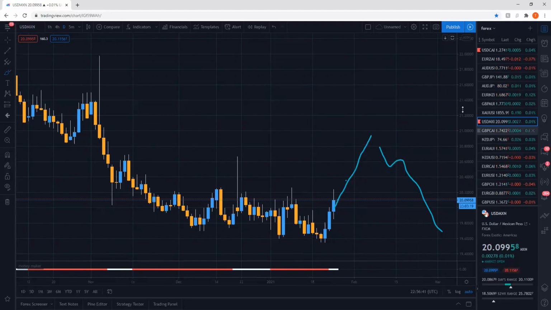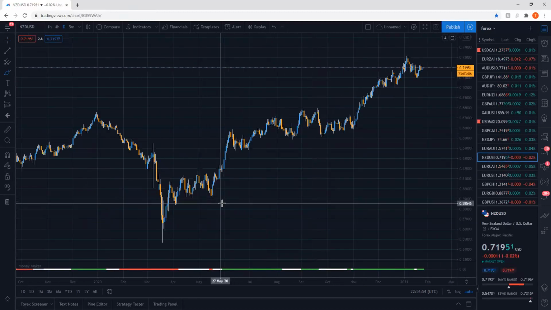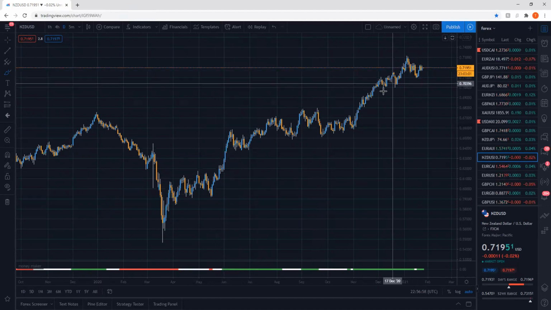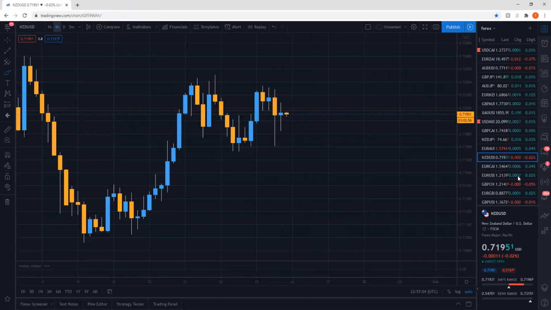Nice. And then the last trade that it's called in any direction that's currently open is NZD USD. NZD USD has been in a consistent upwards rally since midway through last year, as you can see, and you'll notice that it's just recently had, it's a 4-hour signal actually, my apologies.